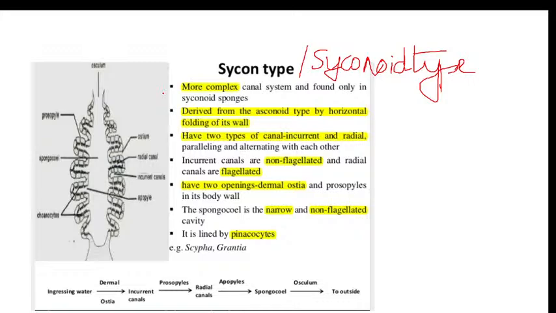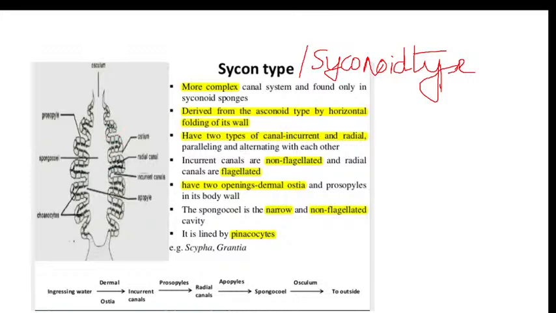The cycanoid sponge body wall is thicker. The difference is, in asconoid it is plain, but here you can see the body wall is thicker and the pores that penetrate it are longer, forming a system of simple canals.